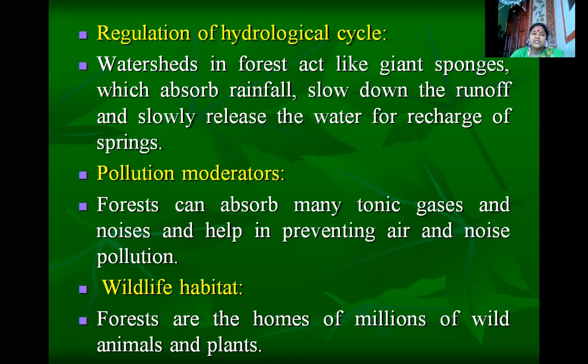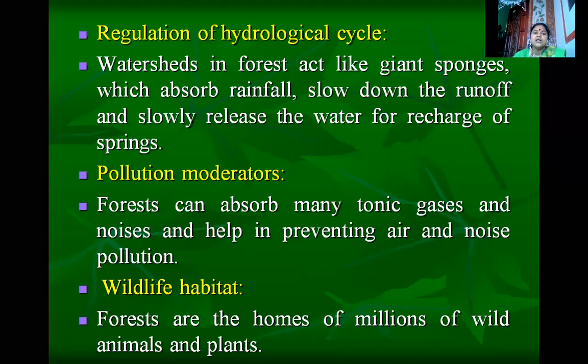So the reason for over exploitation in India also: it has been estimated that in India, the minimum area of forests required to maintain a good ecological balance is about 33 percent of the total area.